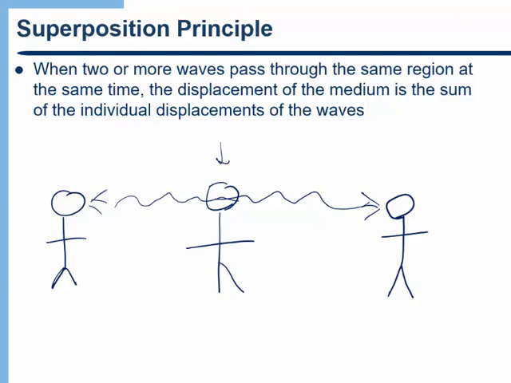Well, you'll notice if there are multiple people talking in a room, you have no problem hearing all of those conversations simultaneously. The reason that works is simply that the waves add up, so that one person's wave and the other person's wave just add up, and your brain therefore hears both waves simultaneously. So that's really all the superposition principle is talking about.